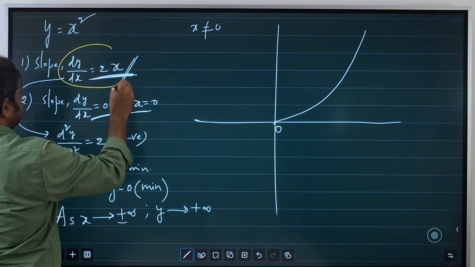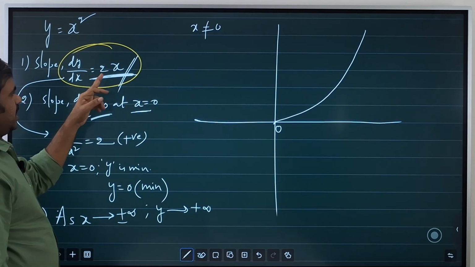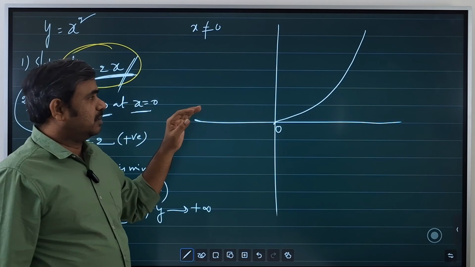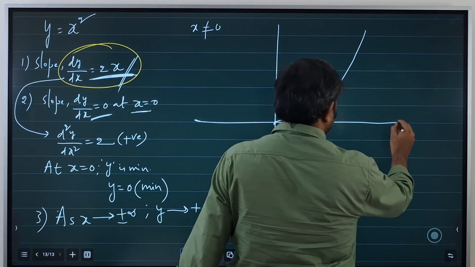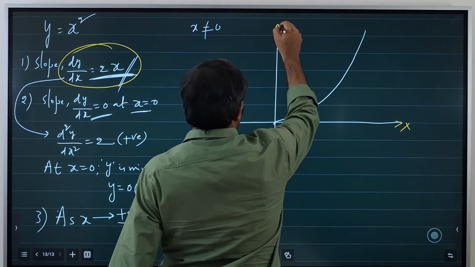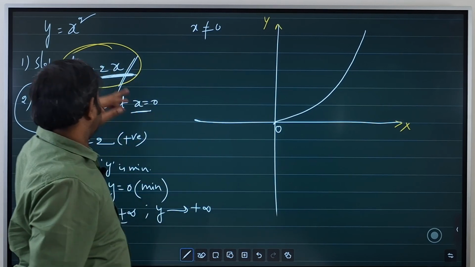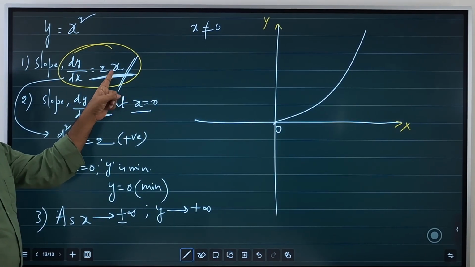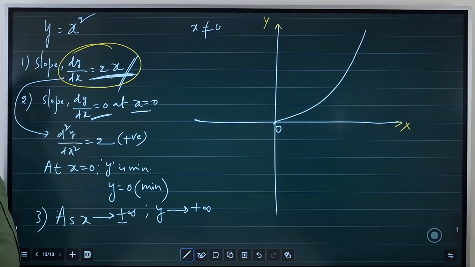As x increases, slope increases. The rate of increase in y increases. As x increases, y increases, but at an increasing rate.